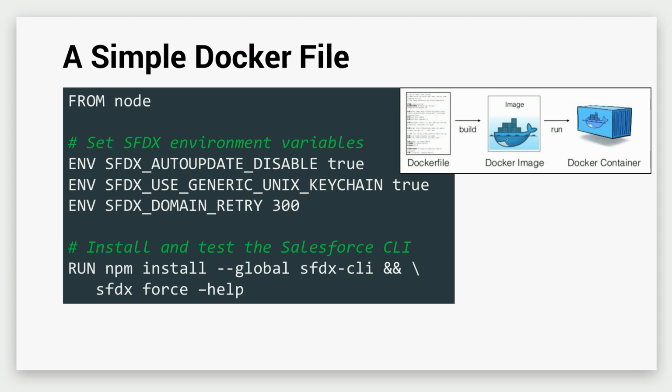Then I'm using npm to install the Salesforce CLI, and then I'm running one command, sfdx force help. That's all this file does. And that's the basic syntax for Dockerfiles. They're very, very simple. Again, this Dockerfile is used to create the image, which is your template, and that can be used to create infinite containers.